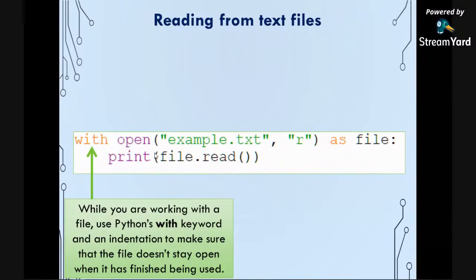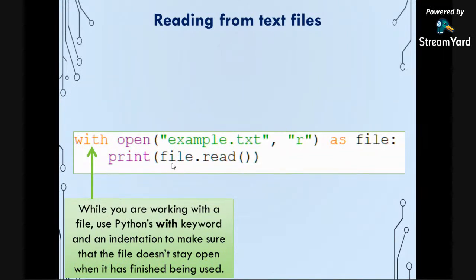So while you are having it open, it will do certain things, and then once it's finished all the code that's in that indented section, it will close the file.